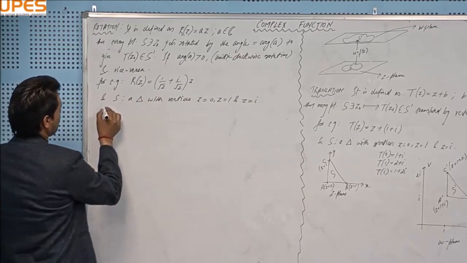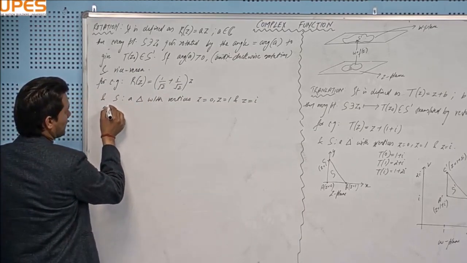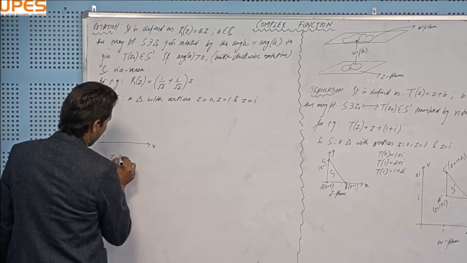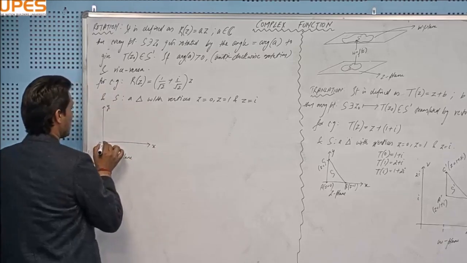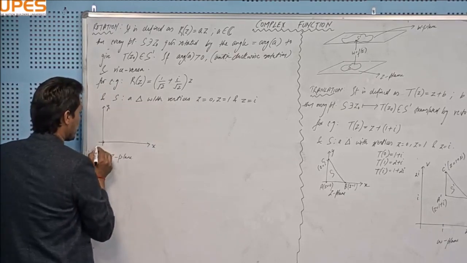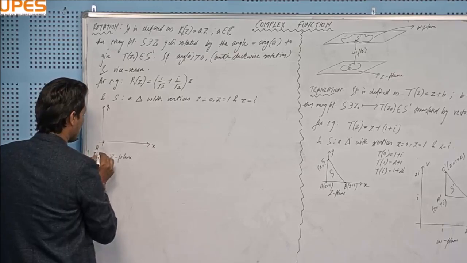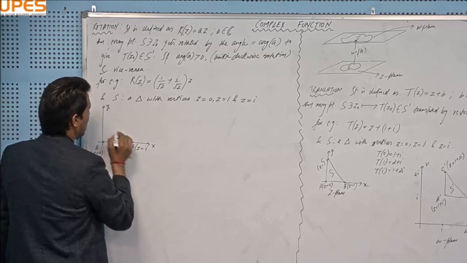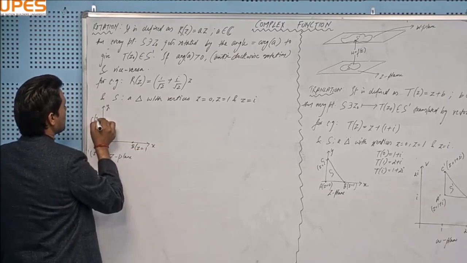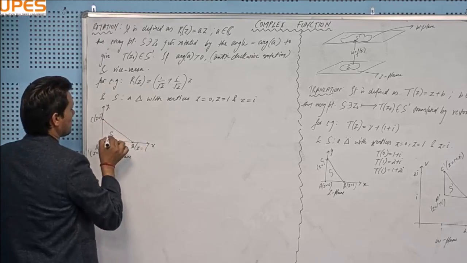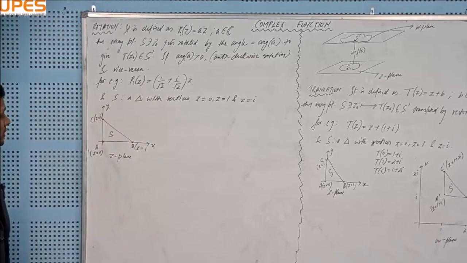Then this is my y-axis, x-axis, this is my z plane, and I will draw my domain set S, that is actually the vertices of the triangle: A, z equal to 0, and B, here we have z equal to 1, and it is C, z equal to iota. Then this is my triangle S, right?